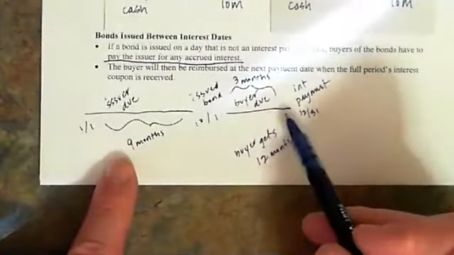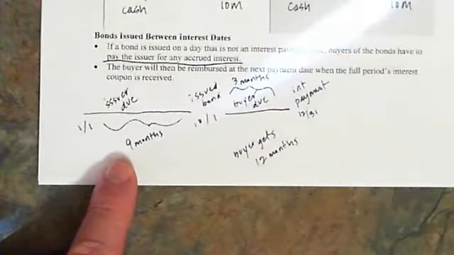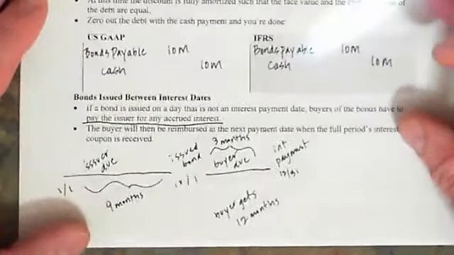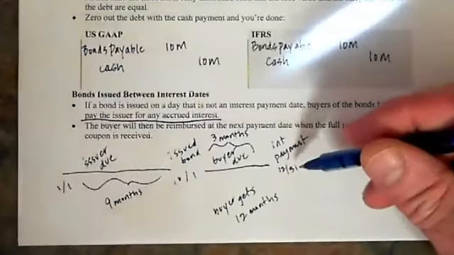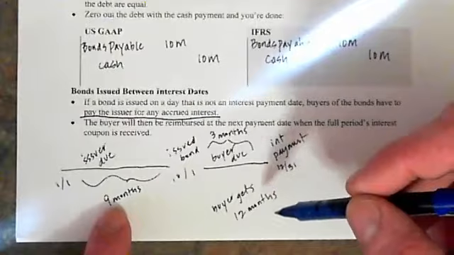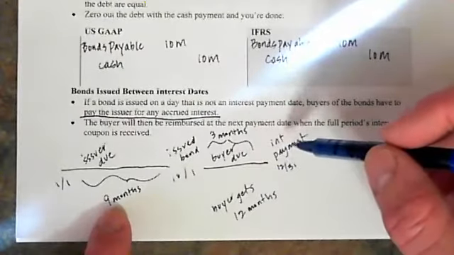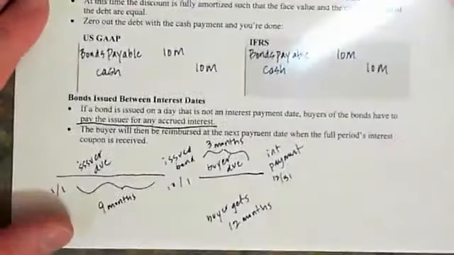So the buyer pays 9 months, gets 12, nets 3. Just like we saw with the investment scenario, the buyer gets reimbursed at that 12/31 with a full 12 months. And so since they only had to pay 9 months to buy the right to that payment, they're actually only earning 3 months.